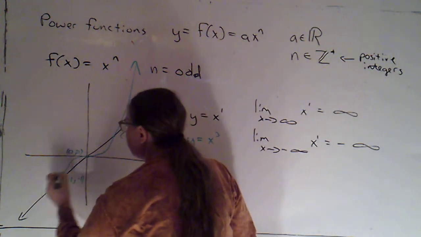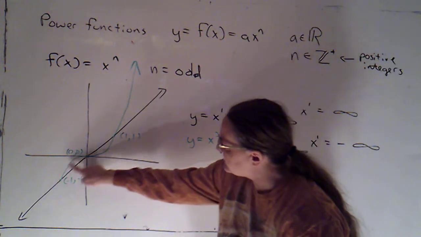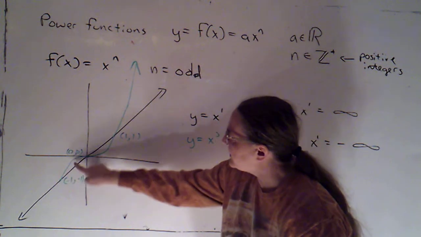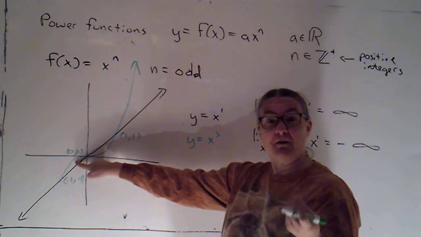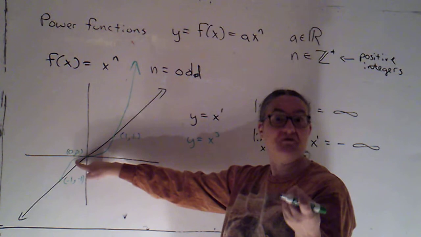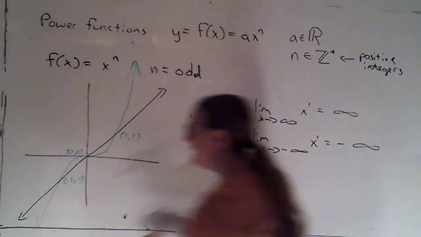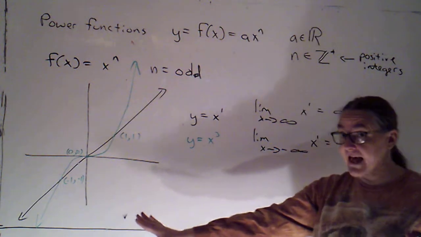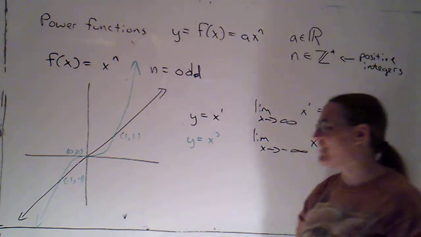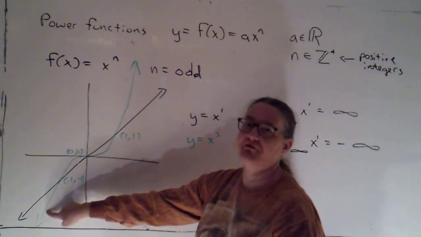Now here, because I'm dealing with negative y values, that means between 0 and -1, x cubed is actually the bigger function because it's less negative. It has the smaller absolute value there. Okay. But then once we pass -1, it has the bigger absolute value, which means it's lower down. So it's going to -infinity, but faster.